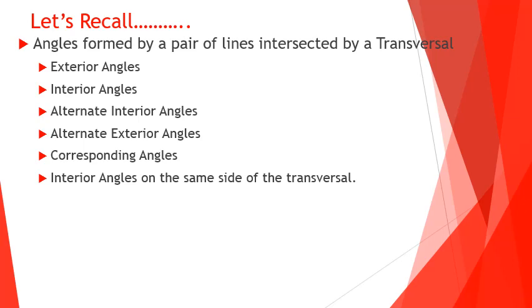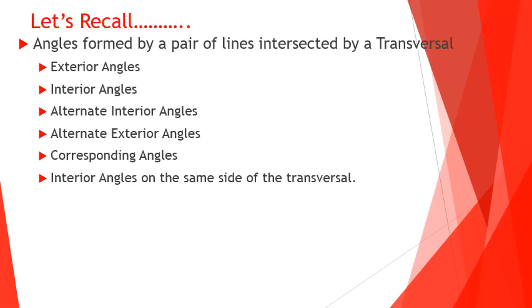Out of these 8 angles, we can categorize them mainly into two types, exterior angles and interior angles. The angles which lie between the two lines are called interior angles, and the angles which lie outside the lines are called exterior angles.